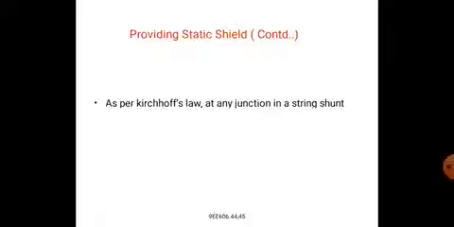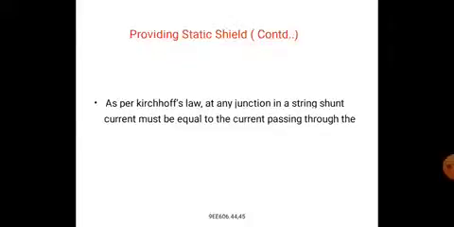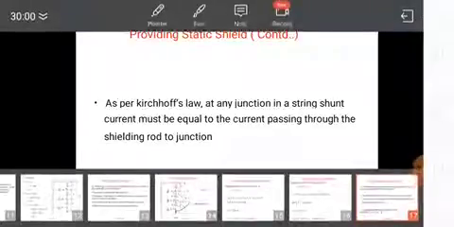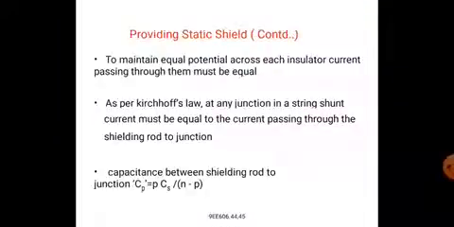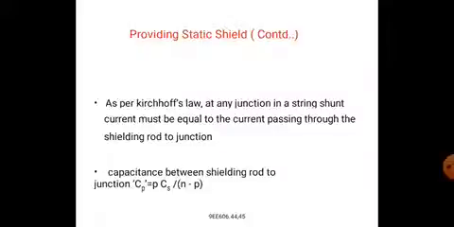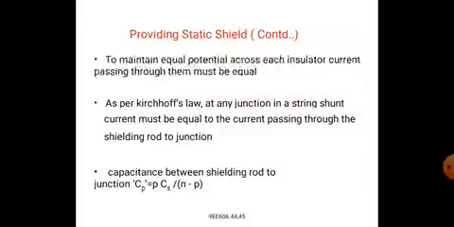As per Kirchhoff's law, at any junction in the string, the shunt current must be equal to the current passing through the shielding rod to the junction. To maintain equal potential across each insulator, the current passing through them must be equal.